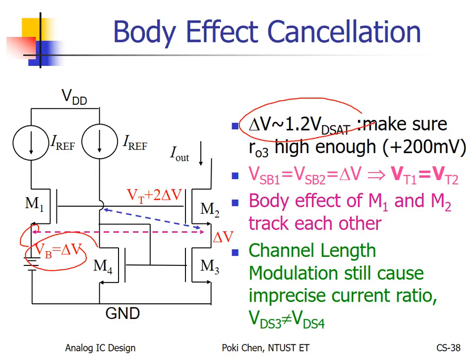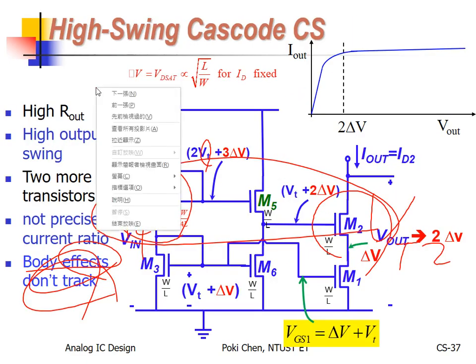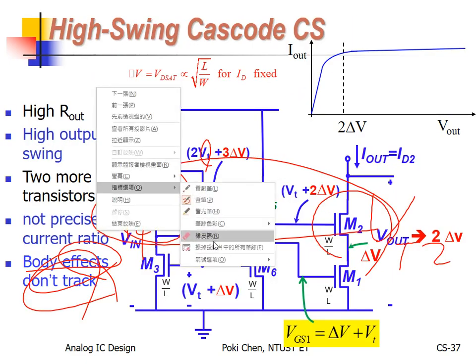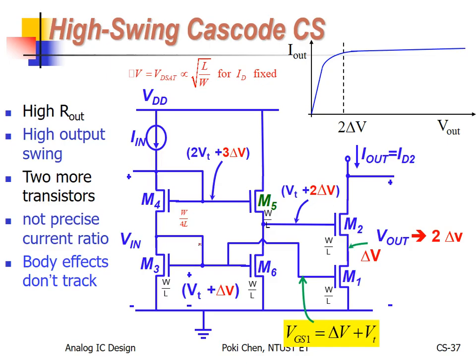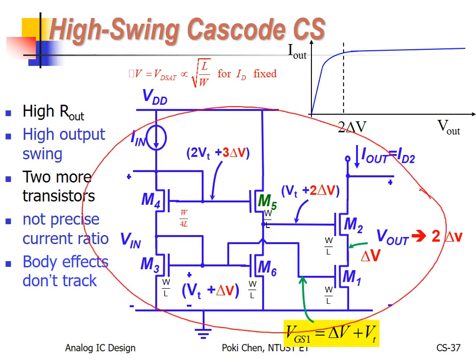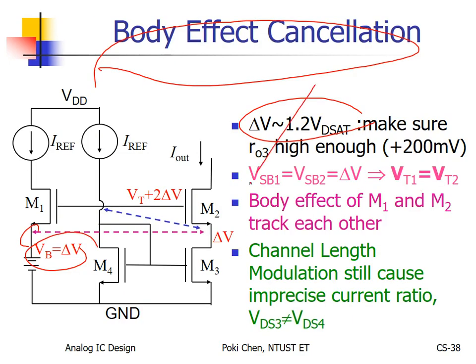Again, even with such body effect cancellation, you will still see something not so correct for your final circuit. You still need to fine-tune. So for myself, I will be very happy with such rough estimation for the first guess, and then fine-tune the sizes and the bias current. But this is not important at all.